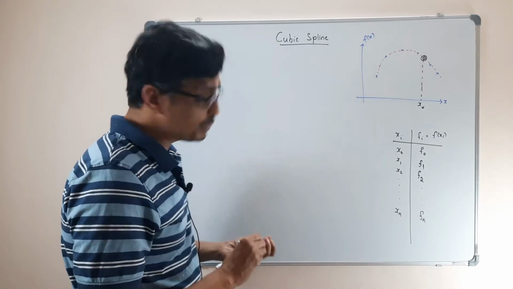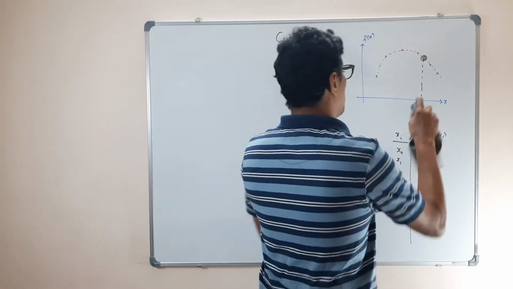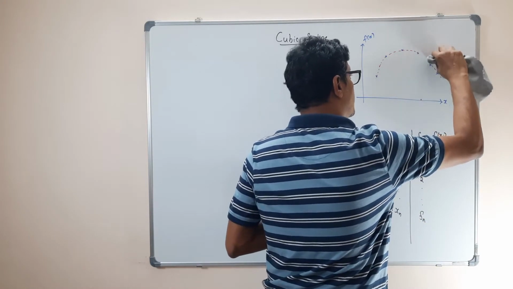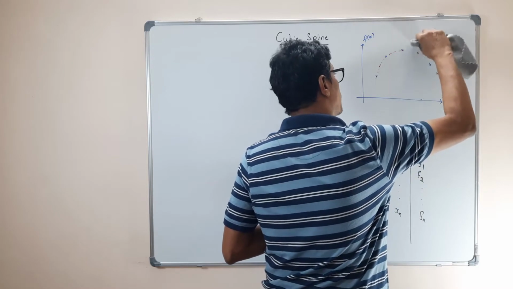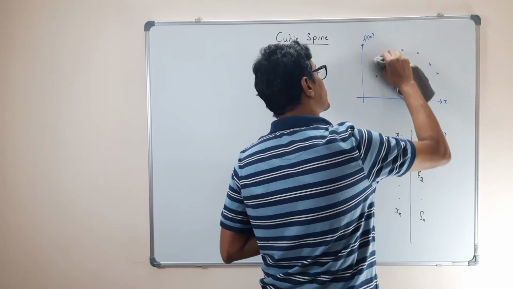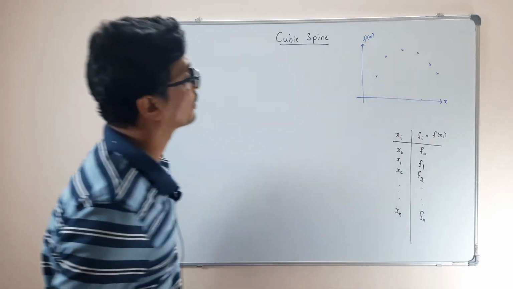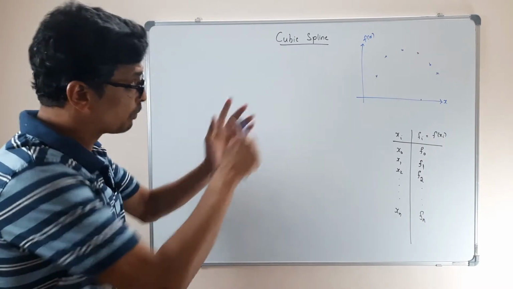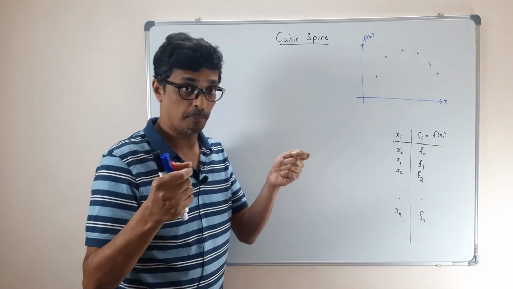Though most of the time this interpolation works, in many cases it won't, and there is yet another interesting and very efficient interpolation algorithm which we call a spline, which we also discussed in the introductory lecture on interpolation. Let me repeat it: a spline is nothing but a flexible strip.